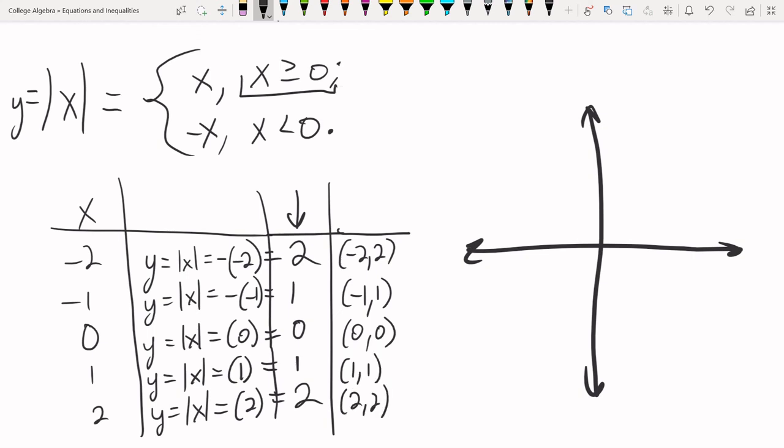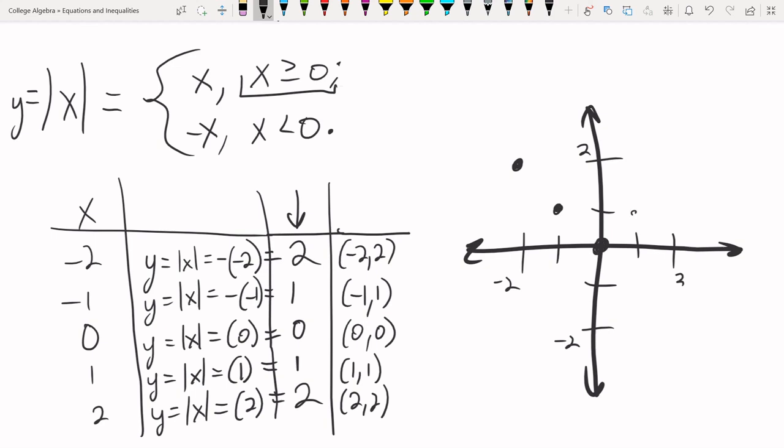Plotting these points, I'll just create some ticks on there to keep us in line. -2, 2. We go left to -2, up to 2. Left to -1, up to 1. 0 goes to 0.